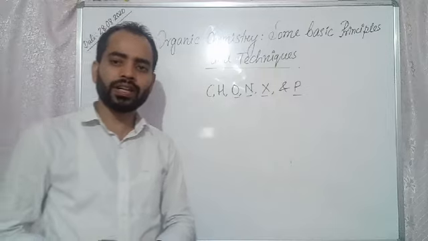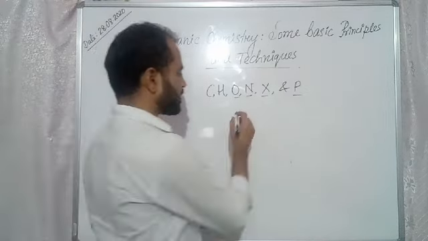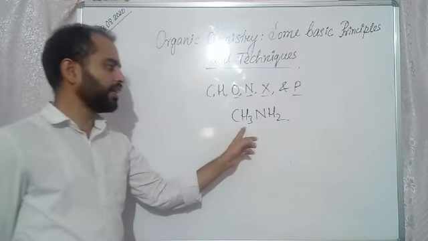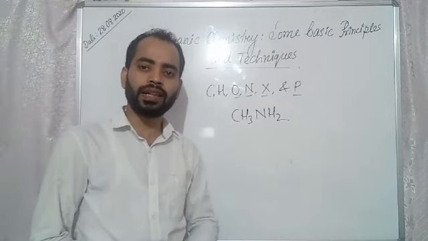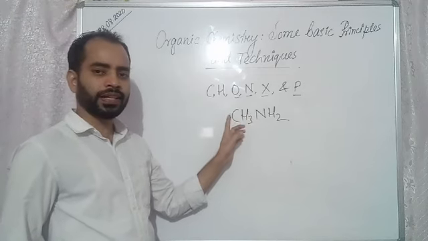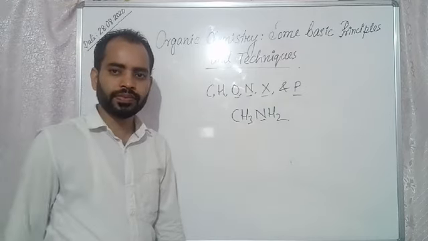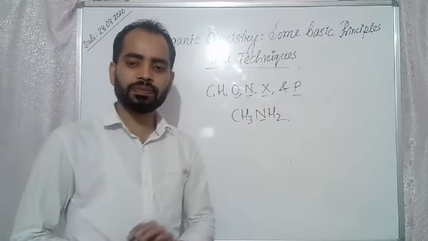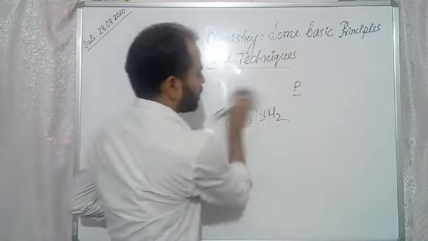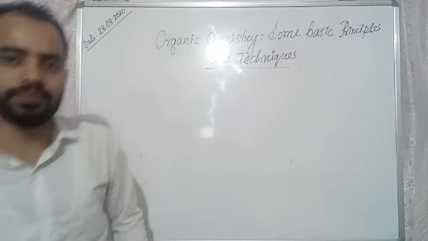So in certain organic compounds, the inorganic elements are also present. Just for the simplest example, you can take CH3NH2. It is called methylamine. It is an amine group. So here you can see beside hydrogen and carbon there is an inorganic element called nitrogen. Okay. So inorganic elements may be there. So hope what is organic chemistry is clear to everyone.